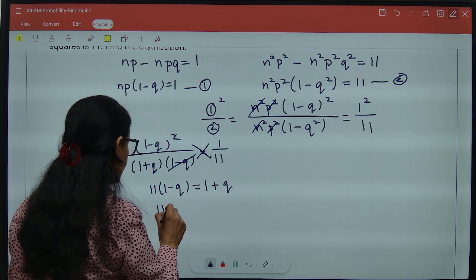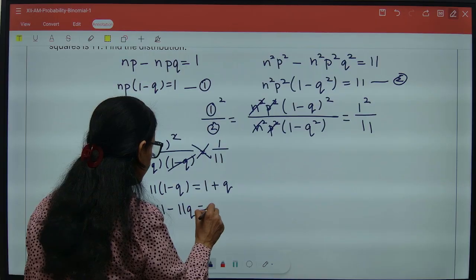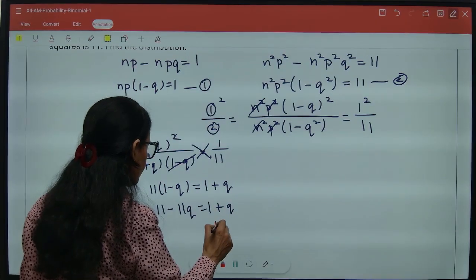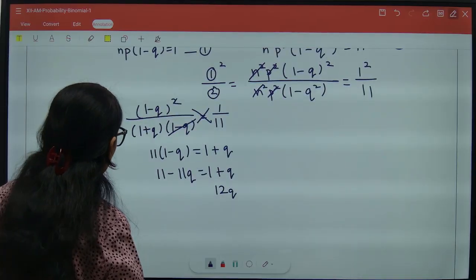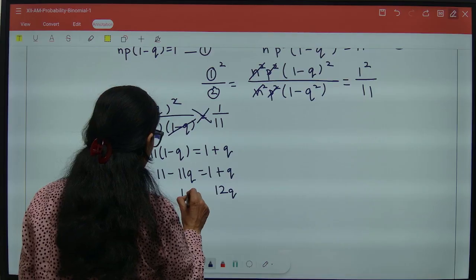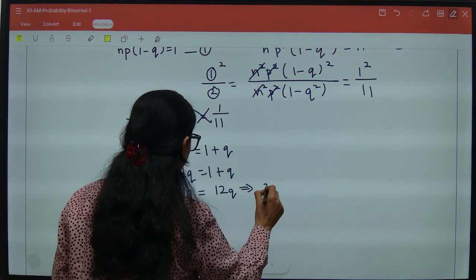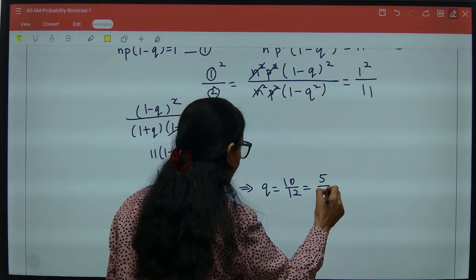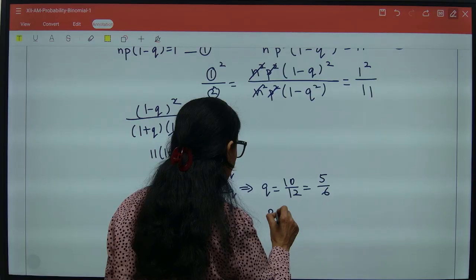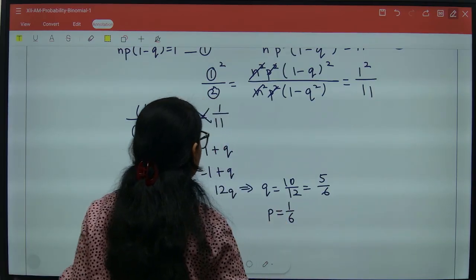So let's solve this equation. 11 minus 11q equals 1 plus q. This becomes 12q, and 11 minus 1 becomes 10. So that means the value of q is 10 by 12, that is 5 by 6. And this also means that the value of p is 1 by 6.